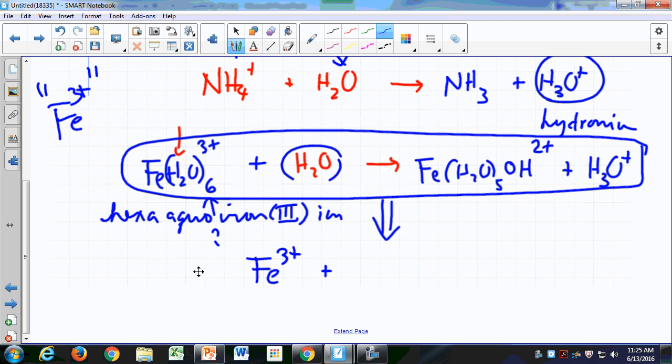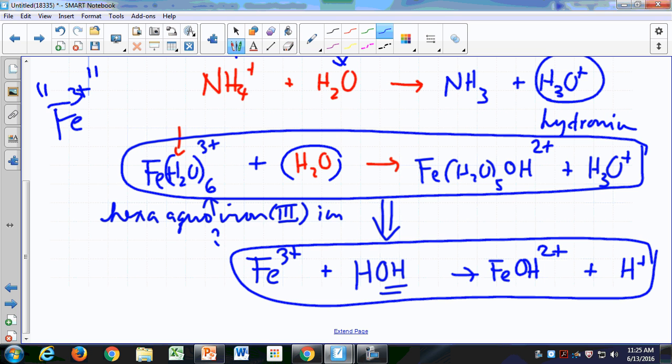In effect, what it has done is pull a hydroxide away from a water molecule, so to speak. You might say that ends up with FeOH2+, and then that liberates an H+. So this thing right here is an abbreviation for the reaction we just wrote earlier.